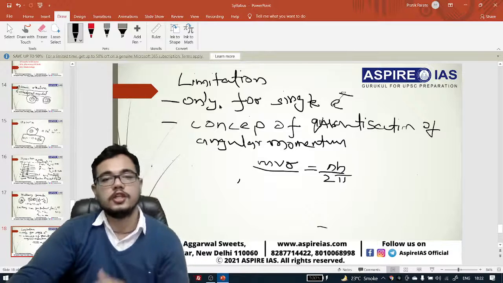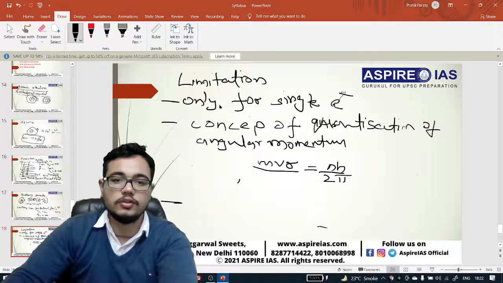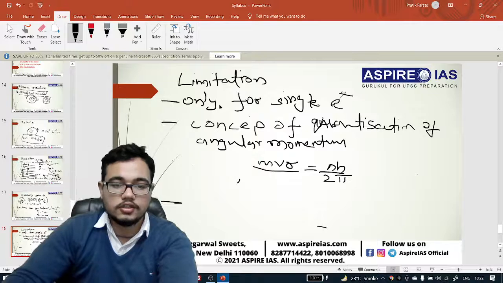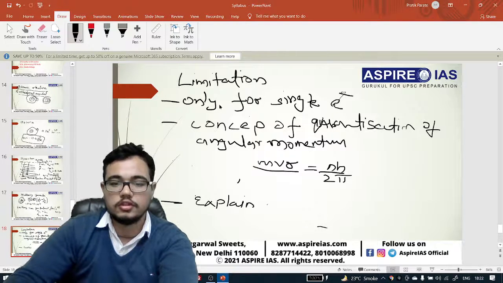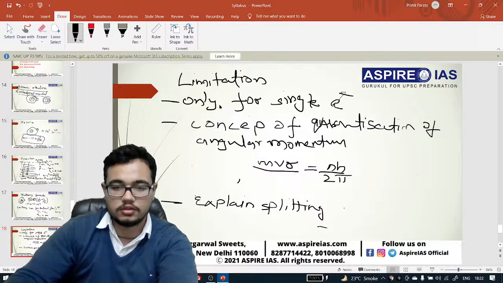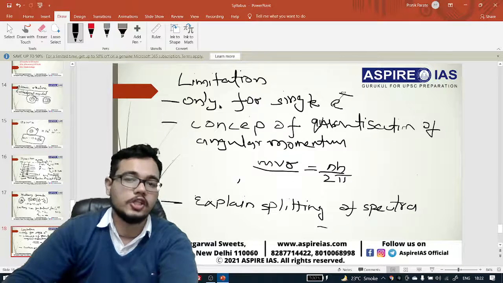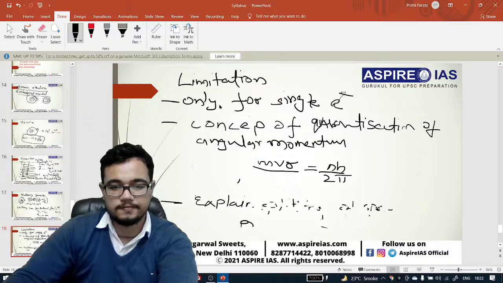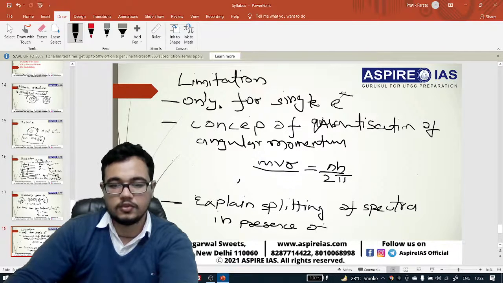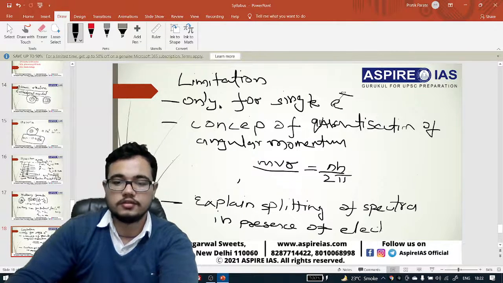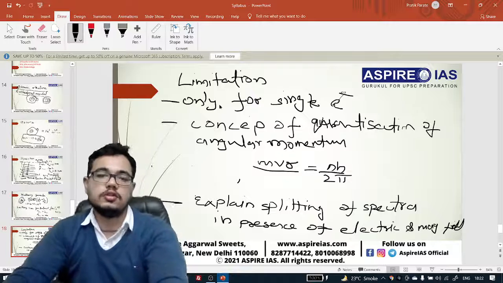Now there was no mathematical basis from where he got this concept. Additionally, he could not explain the splitting of spectra in presence of electric and magnetic field. Now due to this, the Bohr model failed.